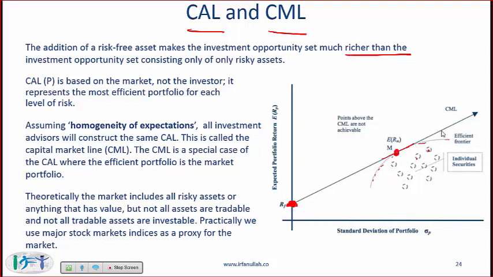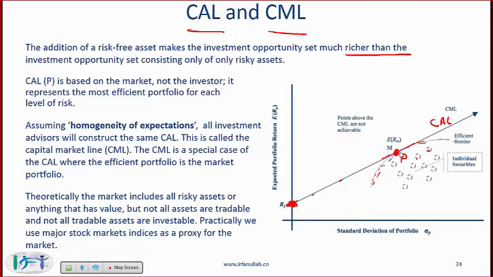If this line is, let's say, the capital allocation line, then what we are saying is for a particular investor, this is the efficient frontier. This then is called the optimal risky portfolio. The line connecting the risk-free asset to the optimal risky portfolio is called the capital allocation line. And this line represents different weightages of the risk-free asset and P.